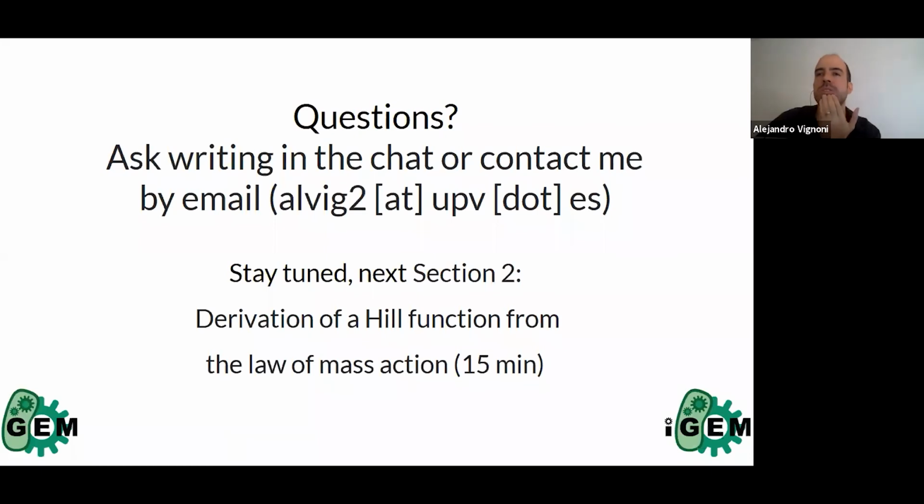So there is one question that says, I don't fully understand how the amount of gene stays constant. Surely in the model shown, it should decay as it is being transcribed. So what we are saying is that the gene, while it's being transcribed, is still there. And when the polymerase goes out, the gene is still there.